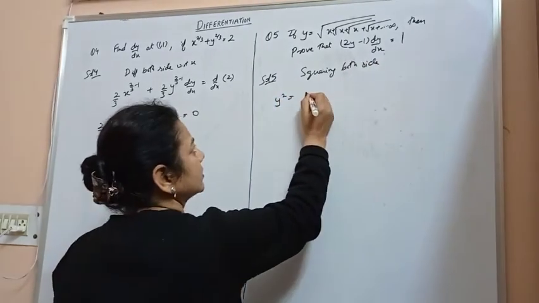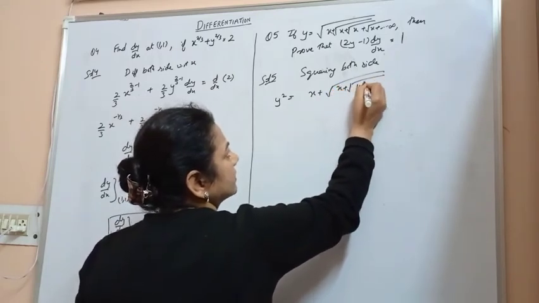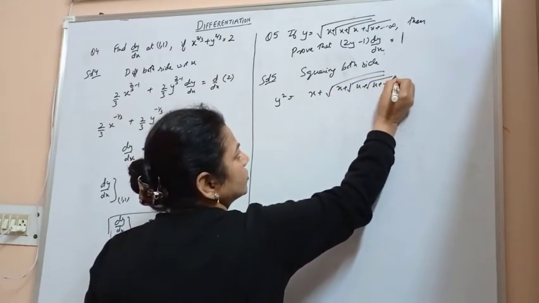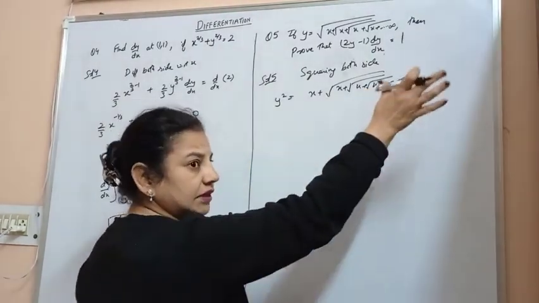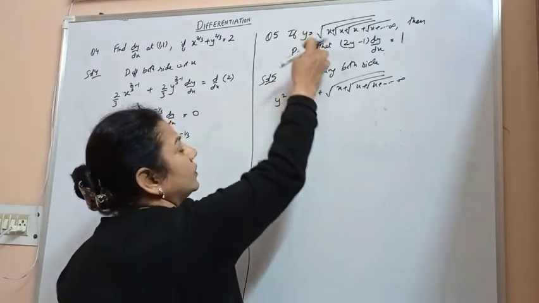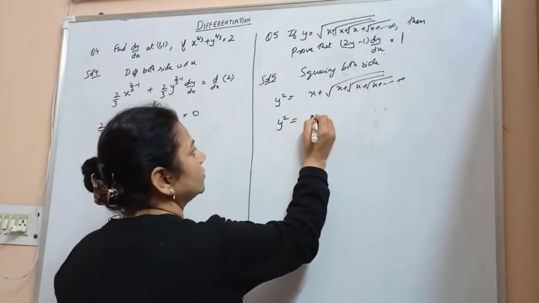One square root will be cancelled out: x plus the square root of x plus the square root of x, and so on till infinity. Since it is infinity, this again is y only. So I can write y square is equal to x plus y.